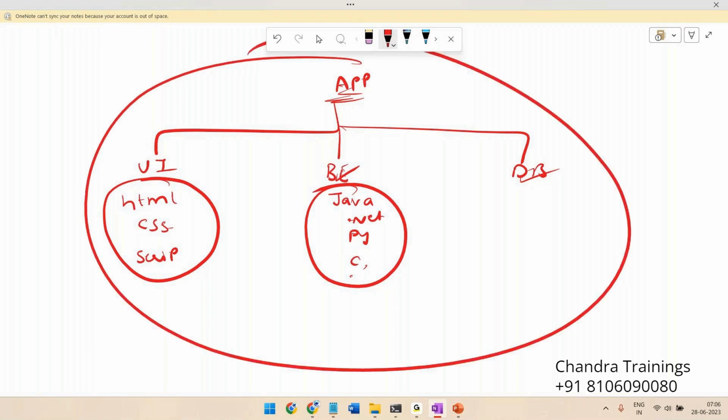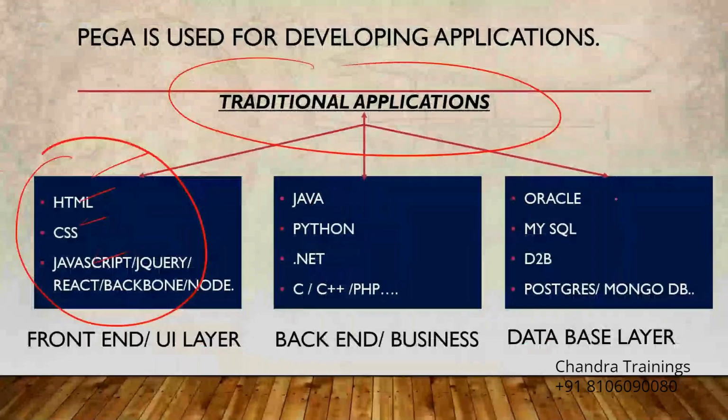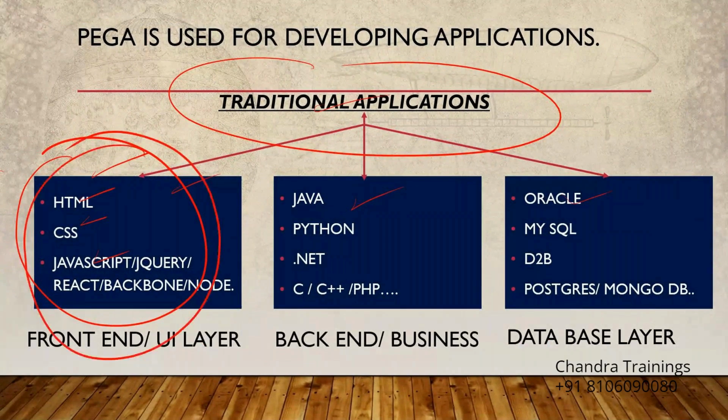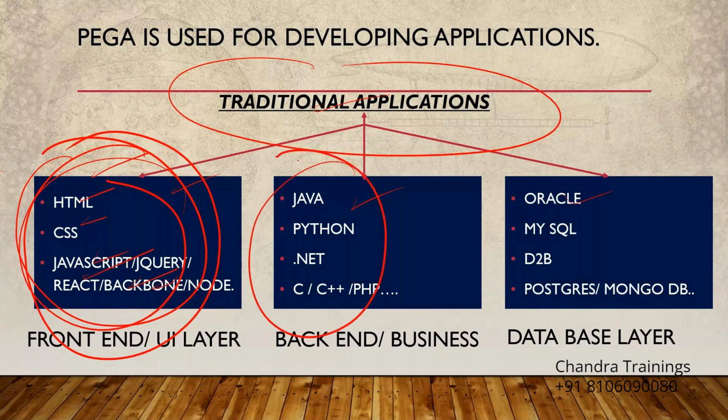Now with Pega, all these technologies are completely automated. For every application, these three layers should be there. In the front end layer, the technologies you are seeing, like HTML, CSS, JavaScript, are completely automated, and the backend and database are automated too.